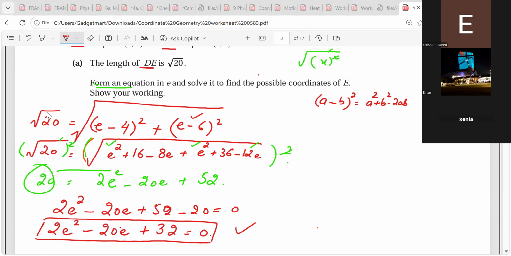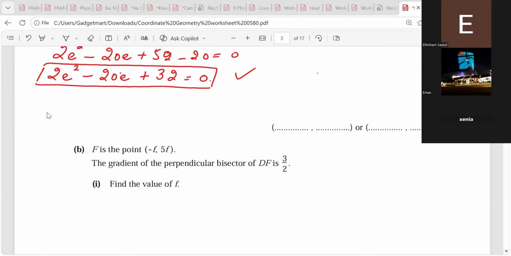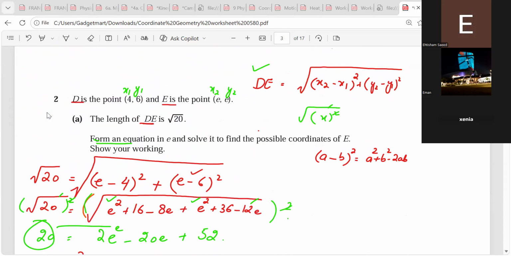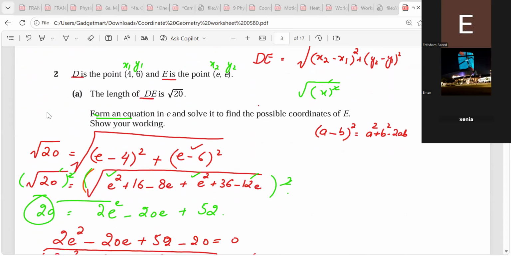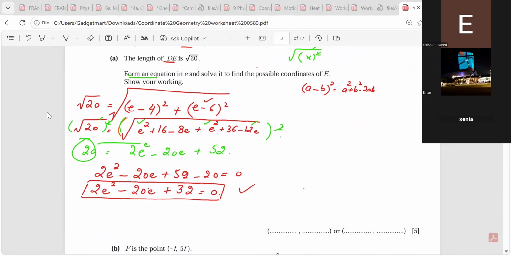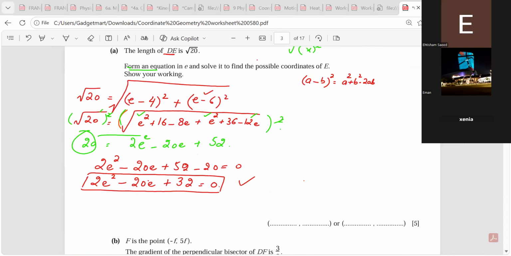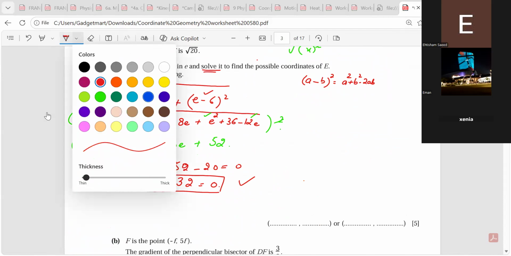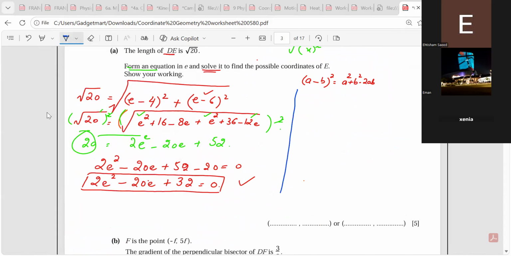Yes, sir. Okay. Now I'm moving towards the next part. They did not only ask you for equation formation, but now you can see here they ask you form an equation in E and solve it. This is the second part. They asked you to solve this equation. How can we solve? What type of equation is this?